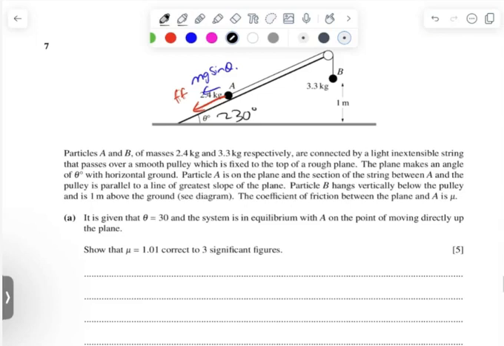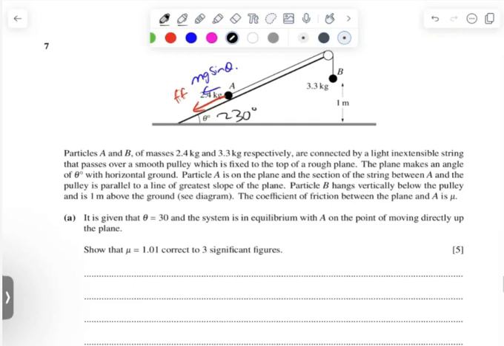Okay, so this is a connected particle question. Generally, you can split up the particles and we're looking at tension and acceleration. In this case, there's not going to be acceleration. So we can just look at tension, but they are wanting us to find mu. So I'm just trying to work out what is our unknown.